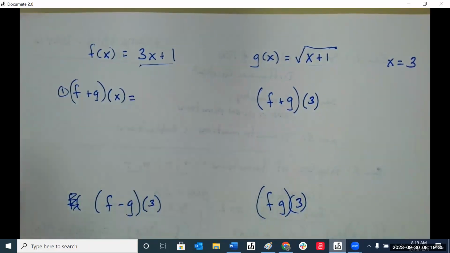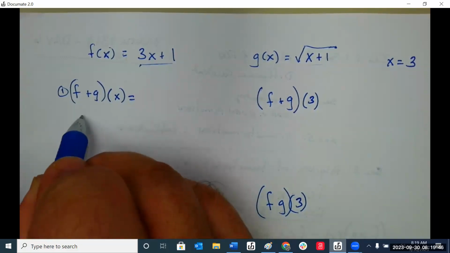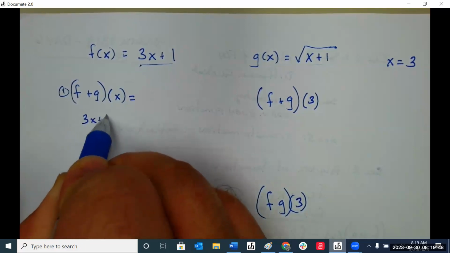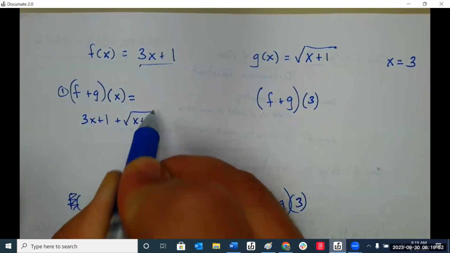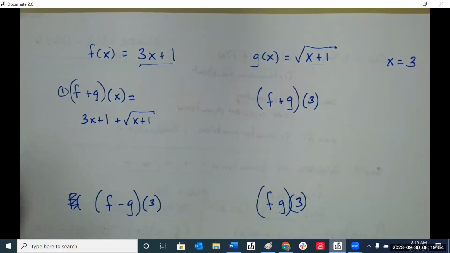So in the first one, what are we going to do? We have to write it down first, so 3x plus 1 plus the square root of x plus 1. Can you go any further?